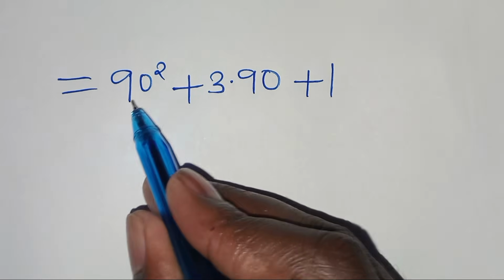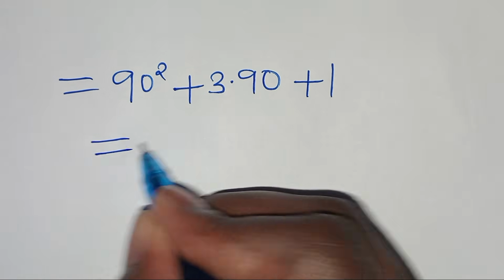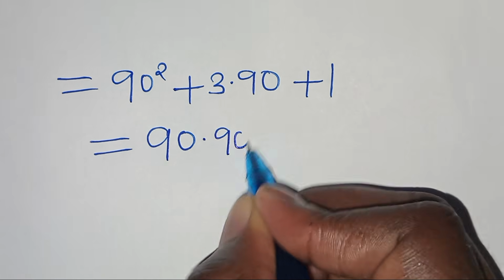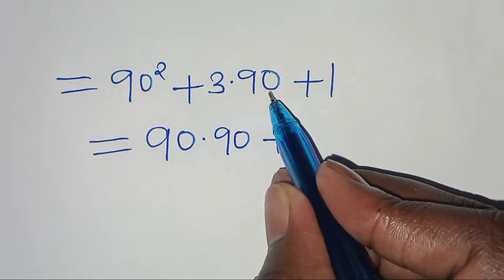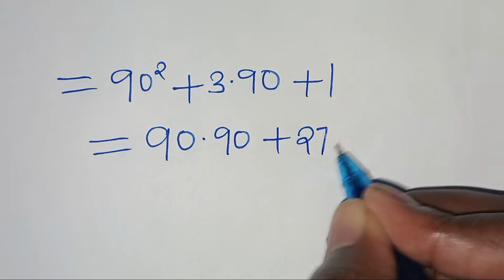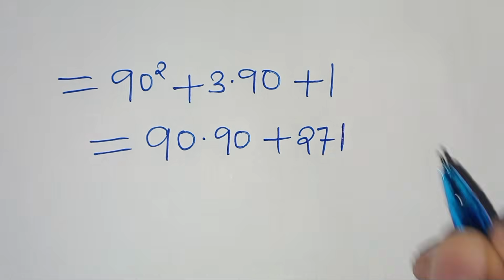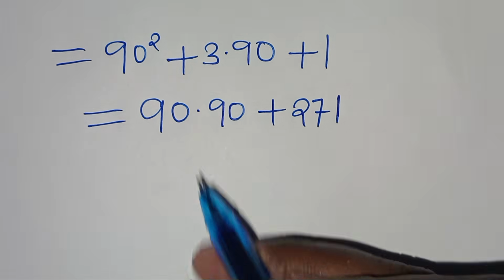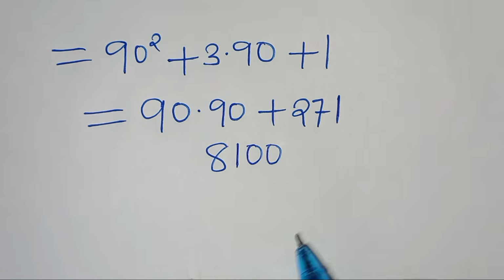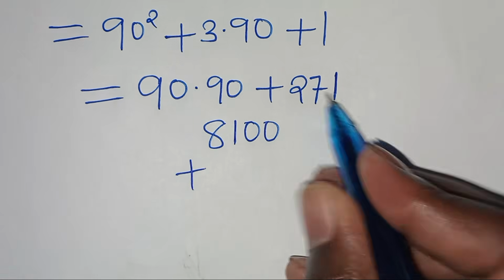So we have 90 squared. This is the same thing as 90 multiplied by 90 plus 90 times 3, which is 270, plus 1. This is 271. So we have 90 times 90, which is 8100. Then plus 271.